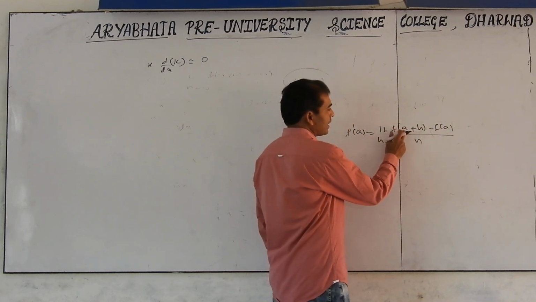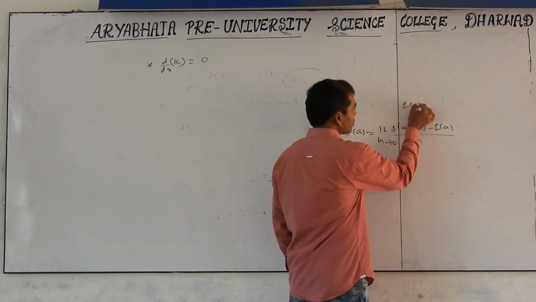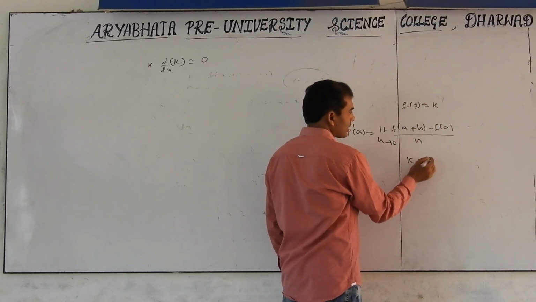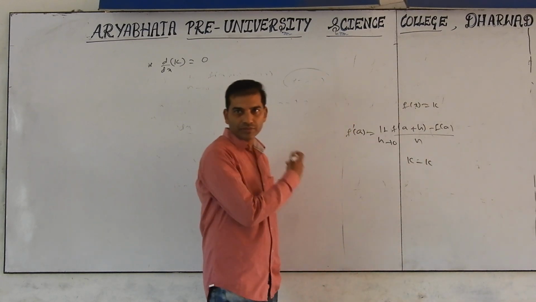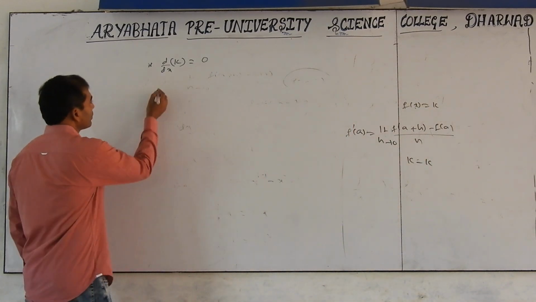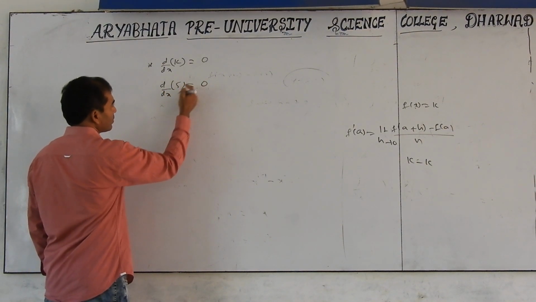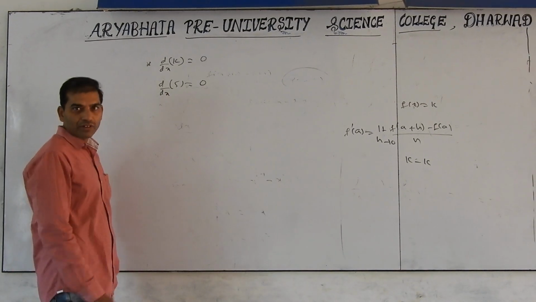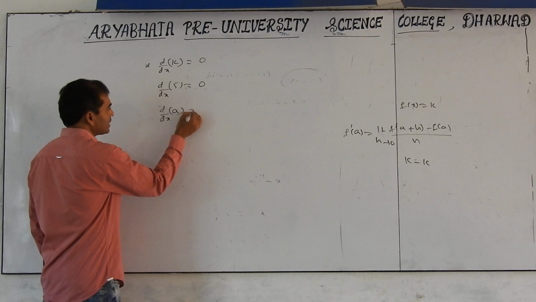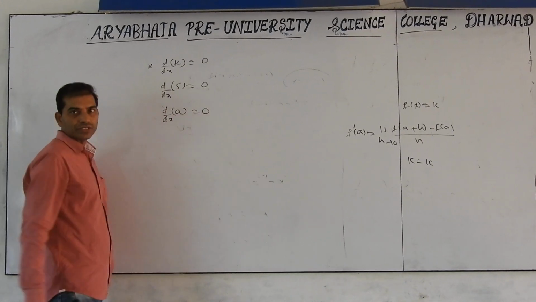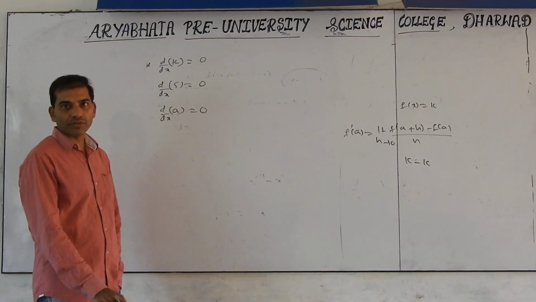Here y is f of x is equal to k, so f of a plus h is also k, and f of a is also k. So k minus k is 0. 0 by h is 0. So the derivative of a constant is 0. d by dx of 5 is 0, because 5 is constant with respect to x. d by dx of a, where a is constant, this value is 0. Understood? The derivative of a constant is 0.